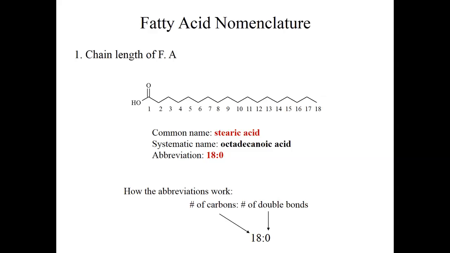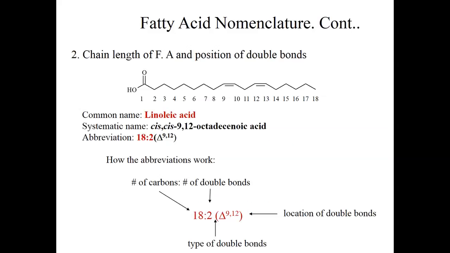So the 0 here means it doesn't have any double bonds, okay? So the first number is the carbon number, and the second number is basically the double bonds, if it has one or not. Okay, and the abbreviation is 18:0, the systematic name is octadecanoic acid, and the common name is stearic acid.